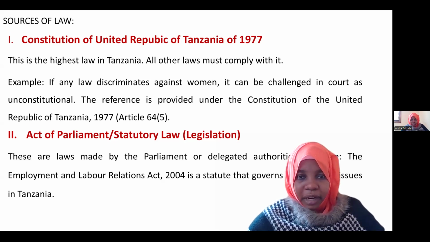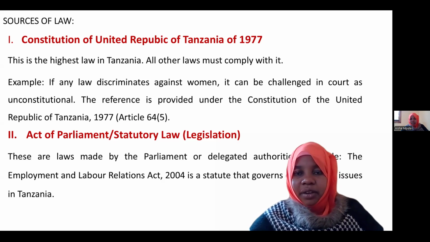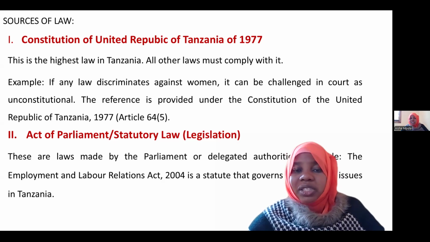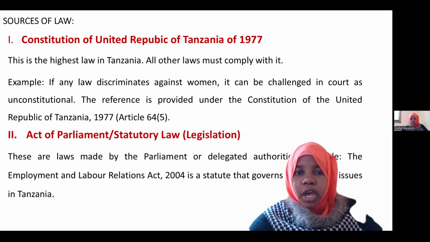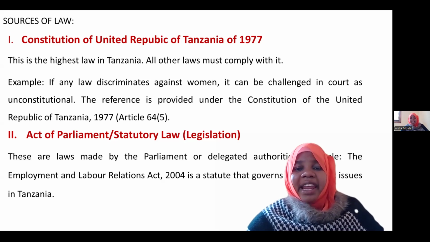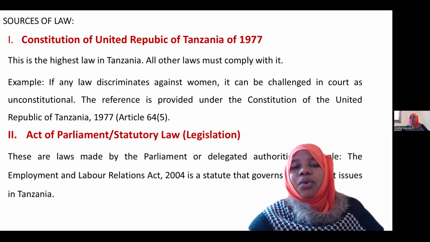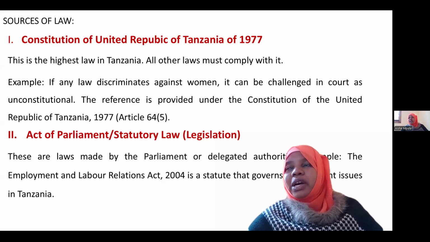Now then, how can we say this Constitution of the United Republic of Tanzania of 1977, which acts as the mother law and the supreme law of the land, acts as a source of law? It is because of Article 64, sub-Article 5. When you go through it, you see that any other law enacted in the United Republic of Tanzania must not be contrary to the Constitution.